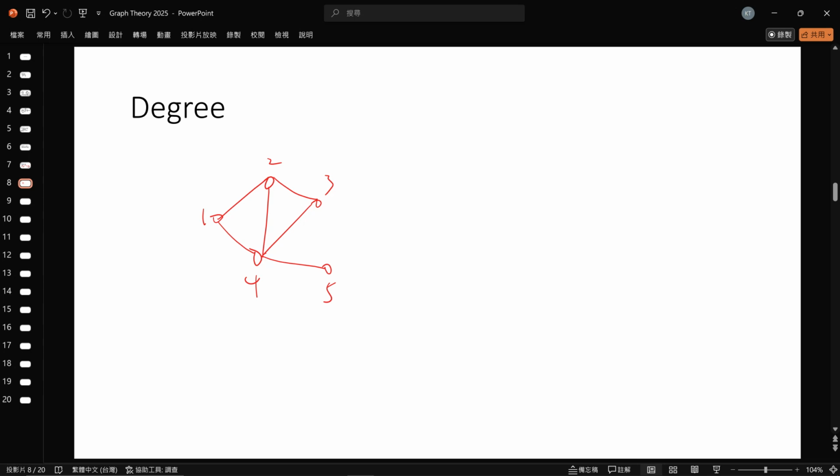So for vertex 2, d of v is just the degree of v. For this graph, it is 3, because it has 3 neighbors, 1, 3, and 4. If we consider vertex 5, then the degree will be 1.